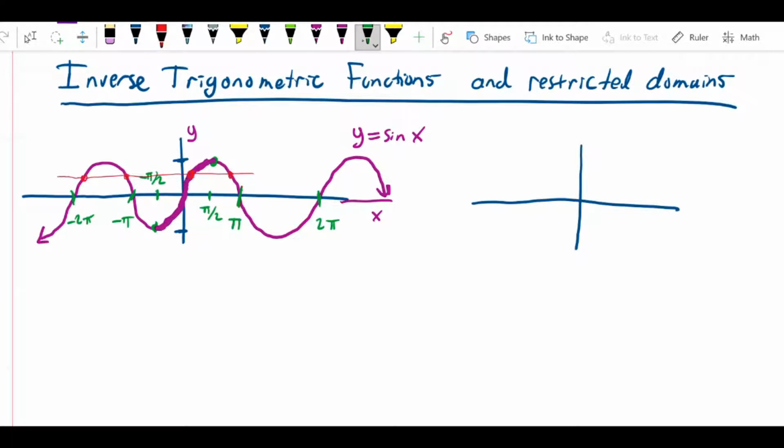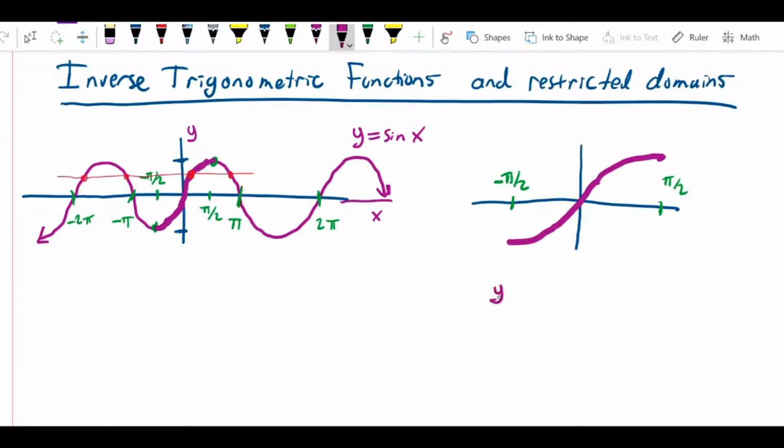So I'm going to redraw the sine function with just its restricted domain, like this. I'll keep it in a thick line so it looks like that. That is the sine function with its domain restricted to negative pi over 2 to pi over 2.